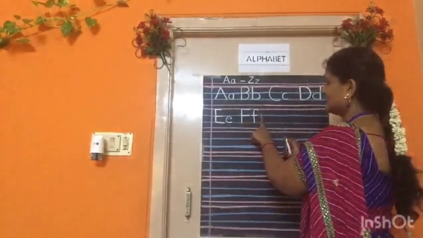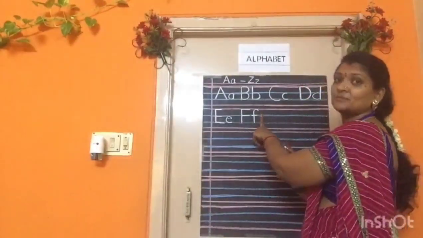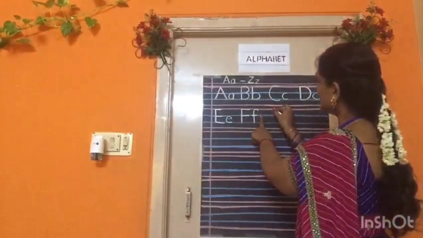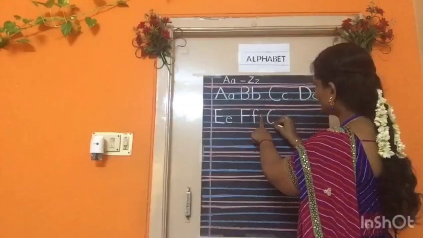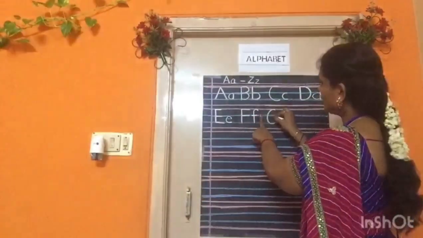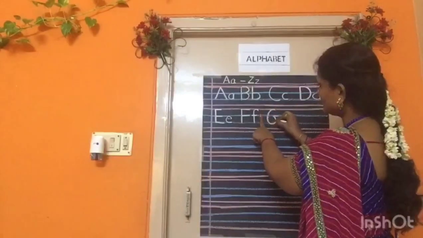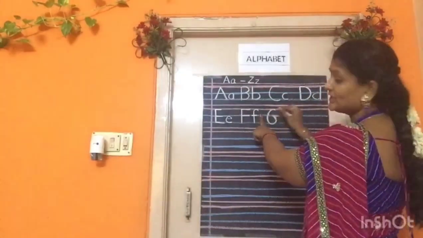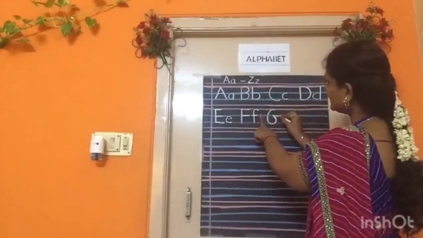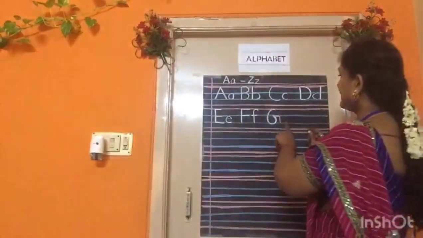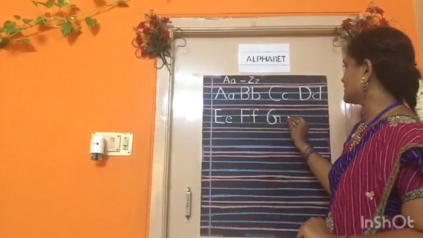And now after F, again put the finger, give the finger space, left curve from pink line to blue line, go up, horizontal line on the first blue line, vertical line, capital G. And now small g.